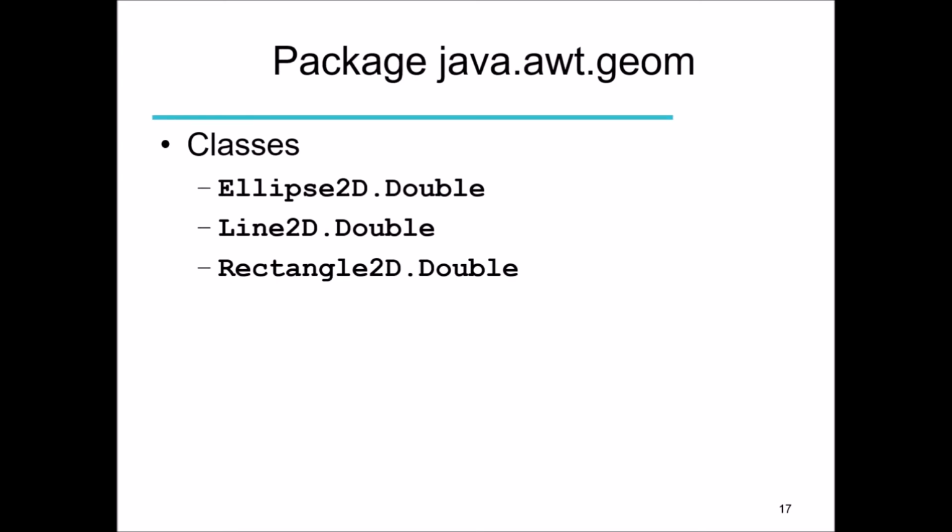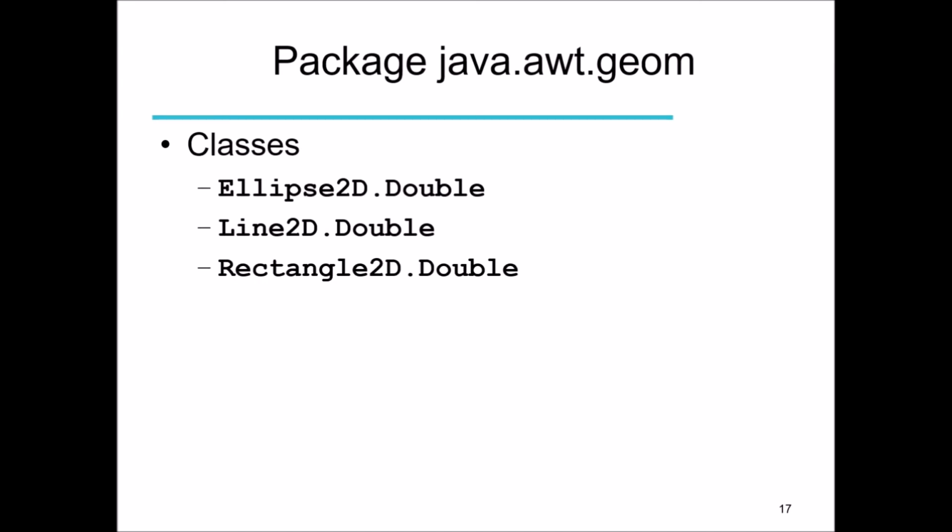But the disadvantage of using these methods is that we do not have the actual object. We just draw the shape on the screen, but if we want to modify this shape later on, if we want to modify certain parameters, we don't have control over these shapes. So a better, more advanced approach is that first we create the object of these shape classes, for example a line or rectangle, and then later we call some method and pass this object to the drawing method, and then we draw this object.